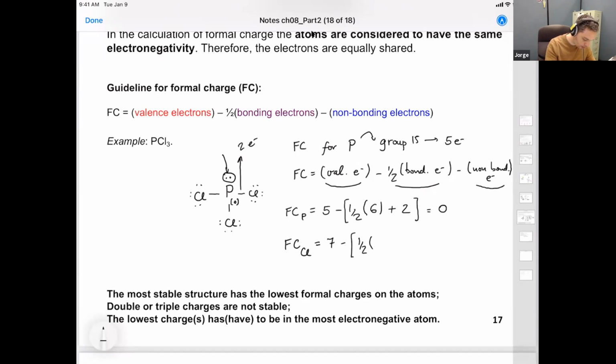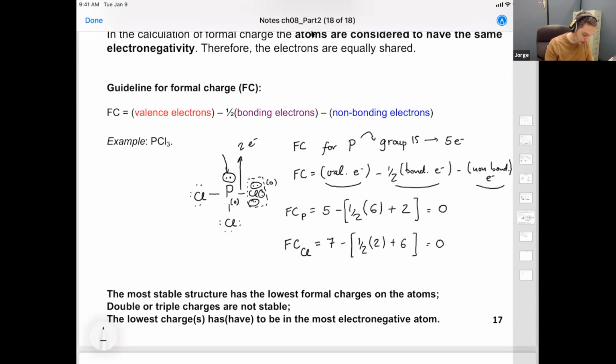Each chlorine has only two bonding electrons, plus the number of non-bonding electrons. For each chlorine, we have 2, 4, and 6. So half of 2 is 1, plus 6 is 7, 7 minus 7 is 0. So the formal charge for the chlorine on the most left side is 0.